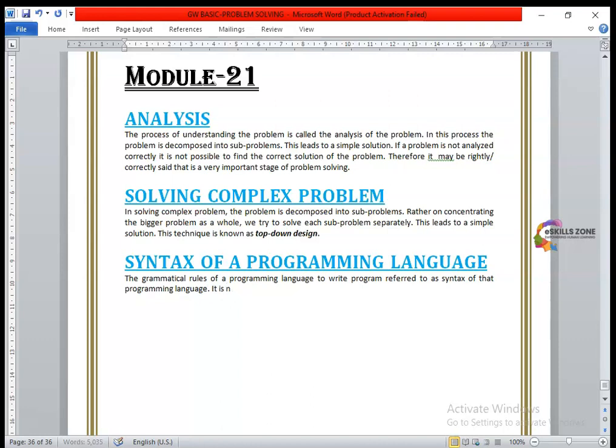It is necessary to know the syntax of the programming language before solving a problem on computer.